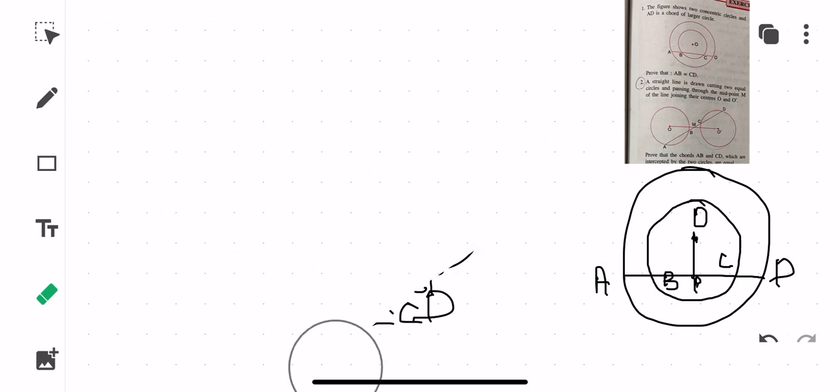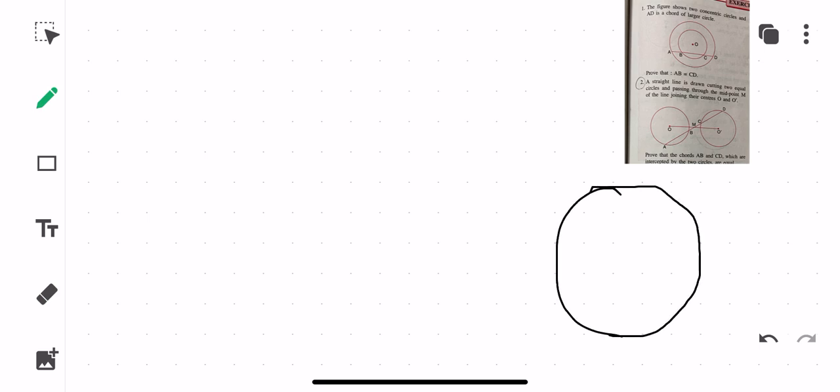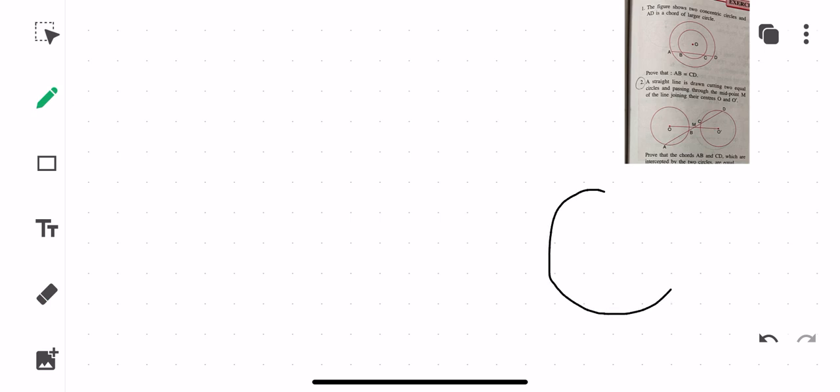The figure for question number 2 has also been given already, so we'll just draw that. A straight line is drawn cutting two equal circles and passing through the midpoint M of the line joining their centers O and O dash. When they say these are equal circles, you already know what this means, children. It means that both the circles have the same radius.